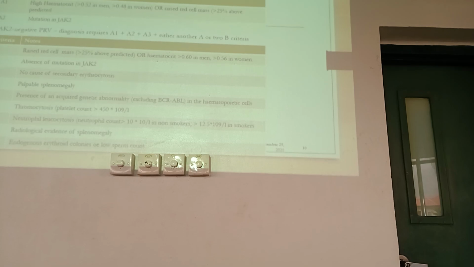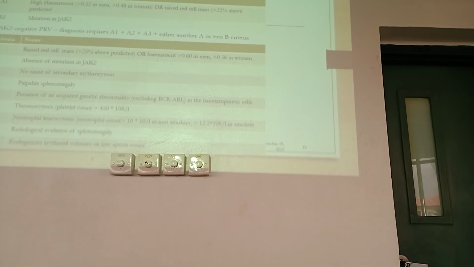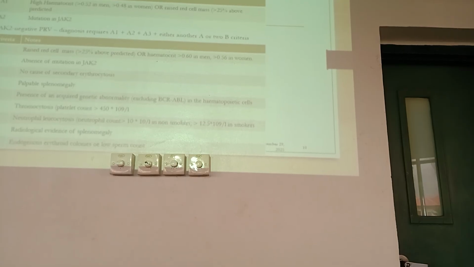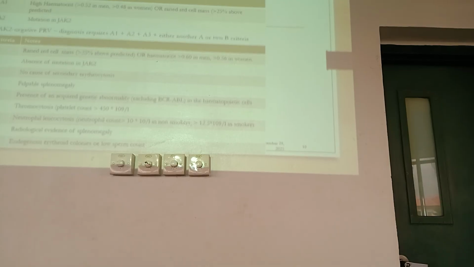For those that have JAK2 positive, you've done JAK2 and it's positive, the PCV must be greater than 52% in male and greater than 48% in female, and then there is a JAK2 positivity. Then you can label the person as having it.